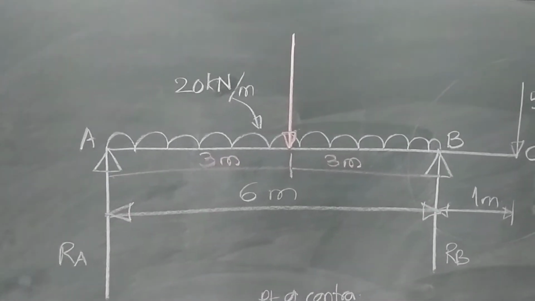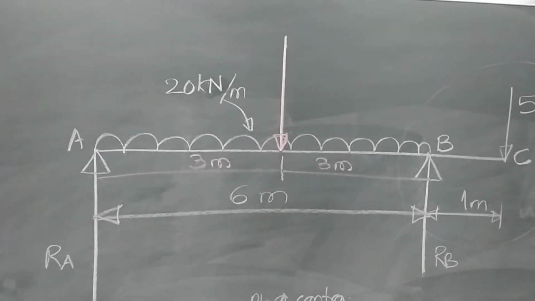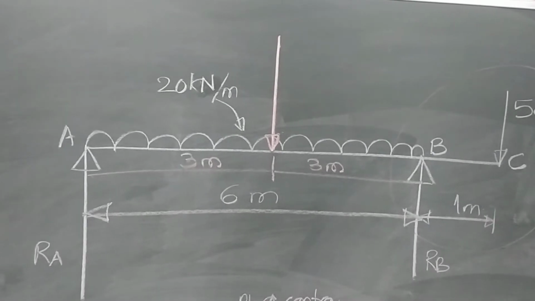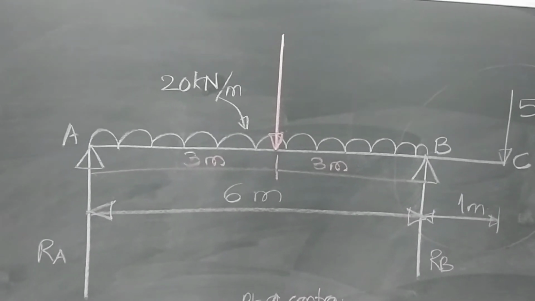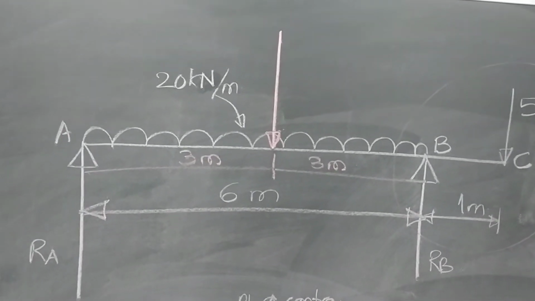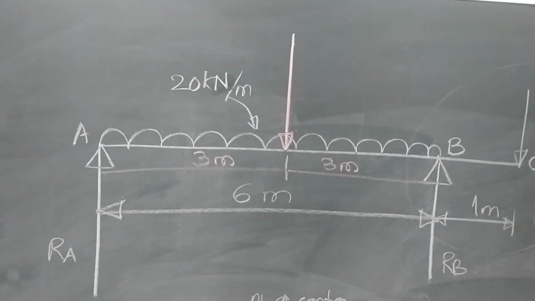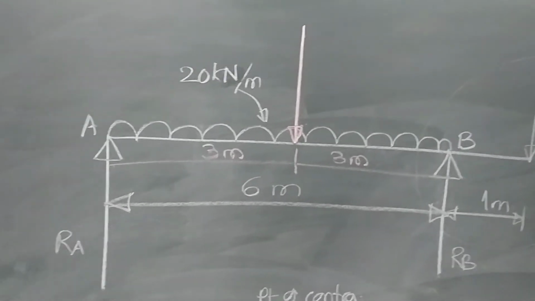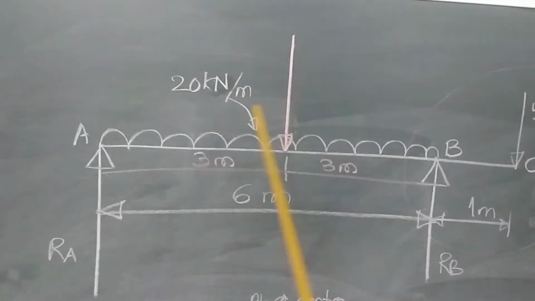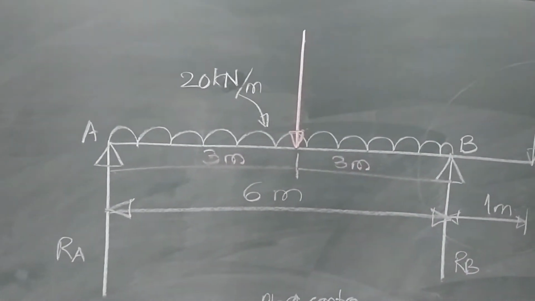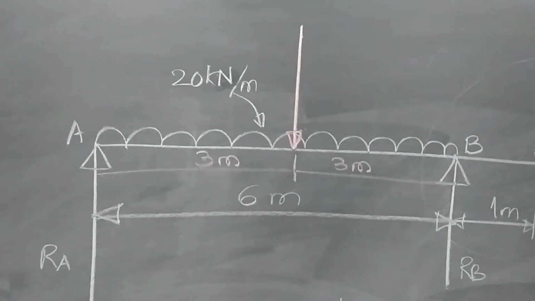Point of contraflexure means where shear force diagram changes its signs from positive to negative. Then calculate maximum bending moment, calculate bending moment at C, B, A and at point of contraflexure. So let us start with RA and RB first.